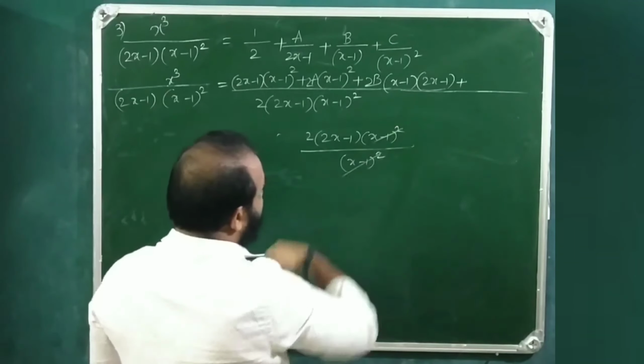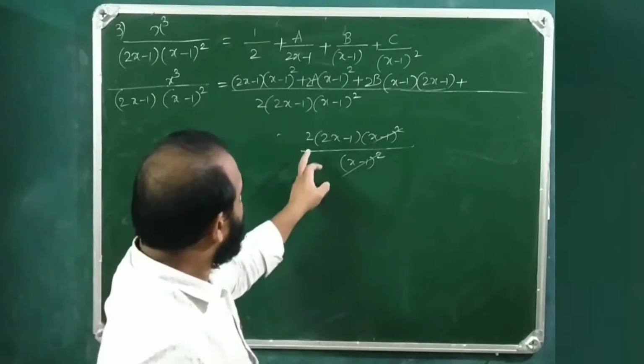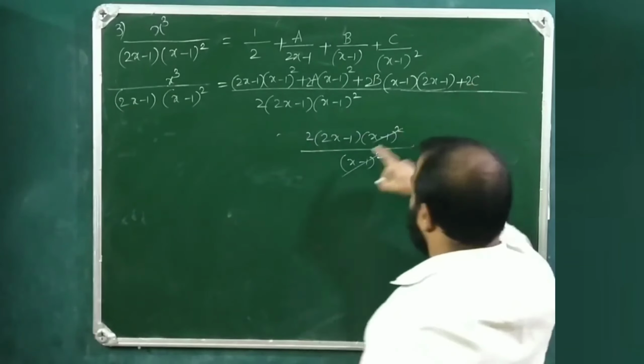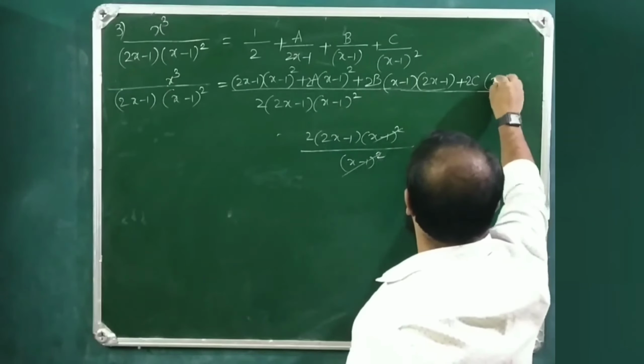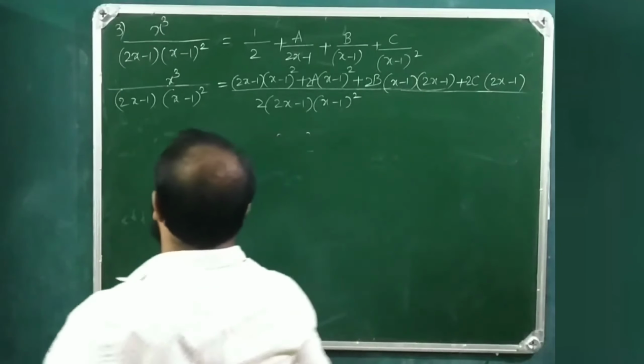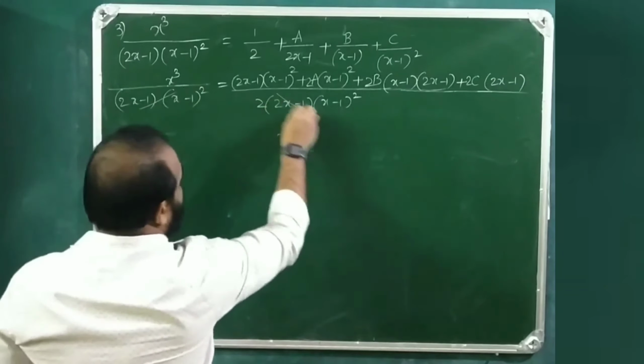So these two get cancelled. We are left with this into c. So 2c into 2x minus 1. This is equal to, these two get cancelled on both the sides.